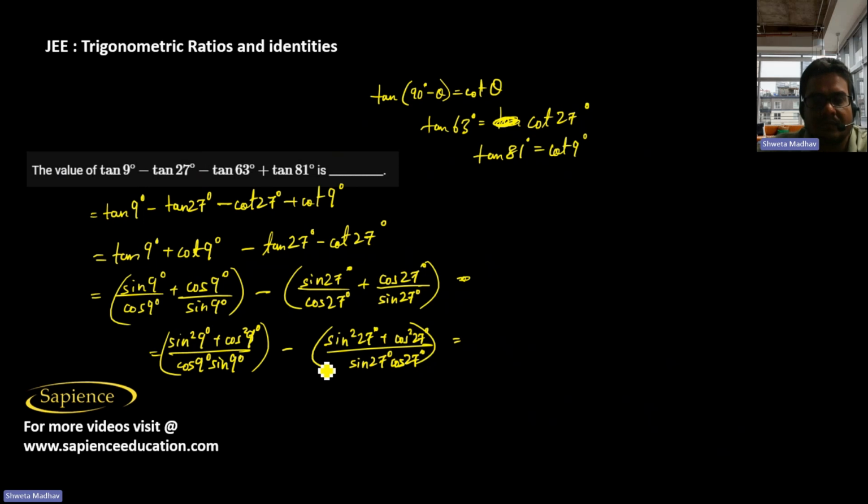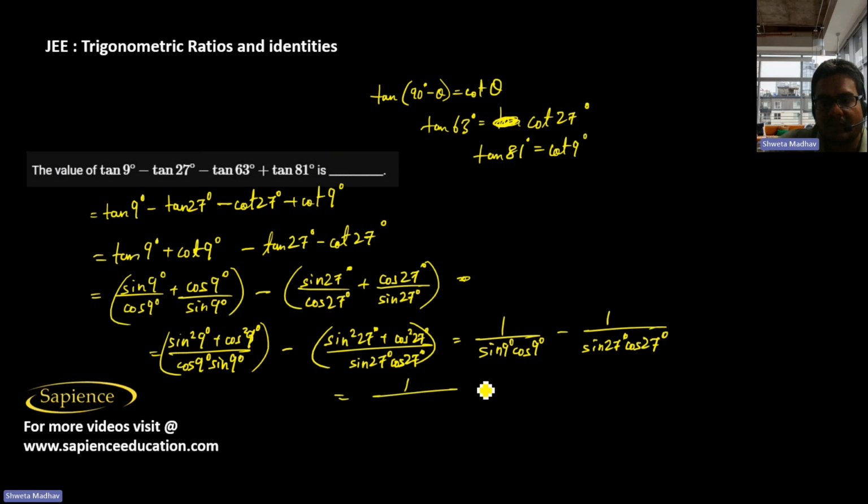So now this will be 1 by sine 9 degree into cos 9 degree, minus 1 by sine 27 degree into cos 27 degree. Now we know that sine theta cos theta can be written as sine 2 theta by 2. So this will be 2 by sine 18 degree minus 2 by sine 54 degree.